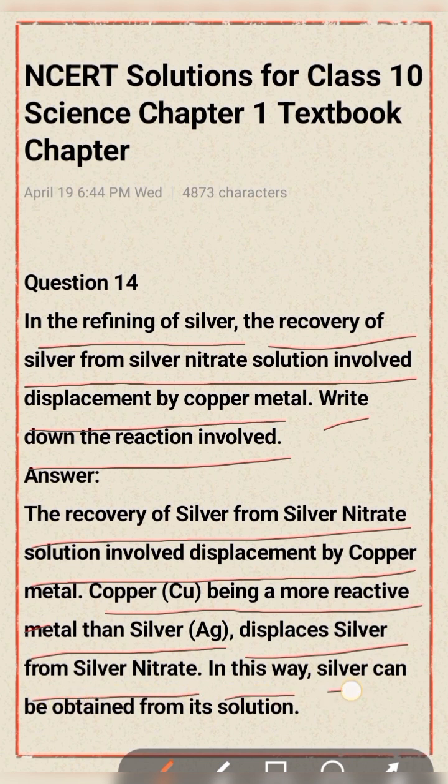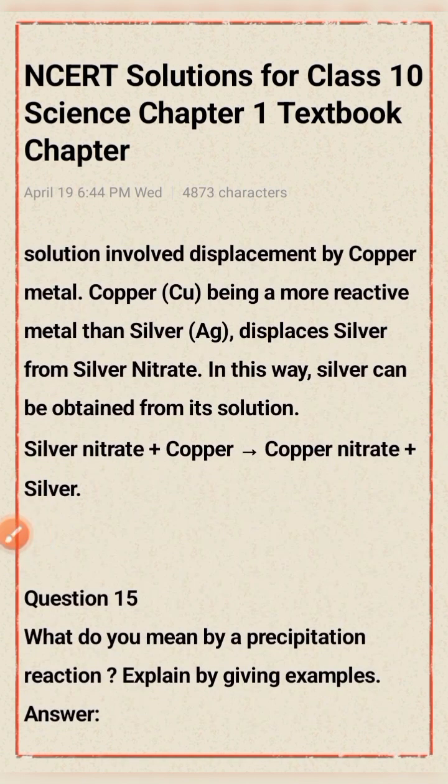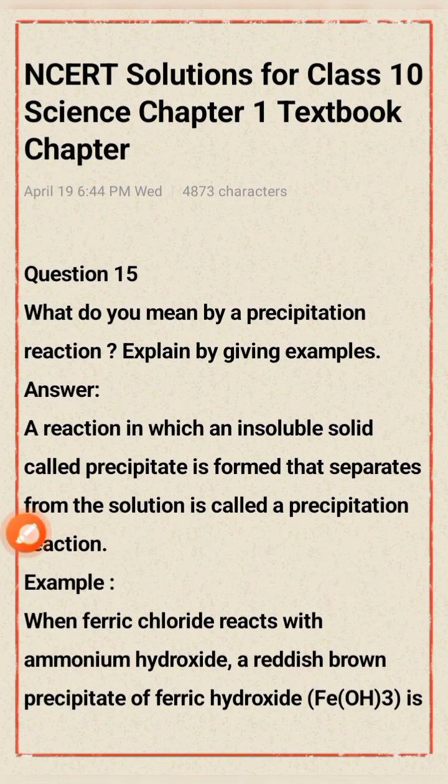In this way, silver can be obtained from its solution. The word equation is: silver nitrate plus copper forms copper nitrate and silver.